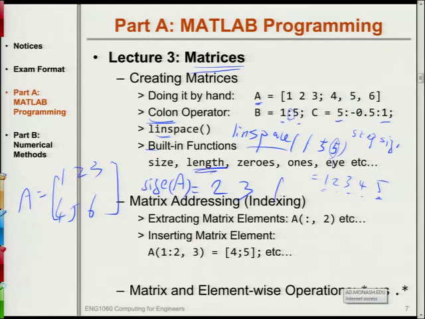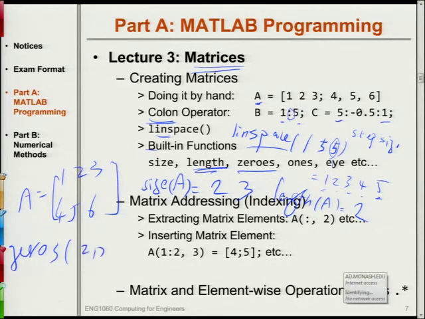If you use length, whichever is larger of 2 and 3... it gives you 3; that is what length gives you. Then zeros, for example zeros of 2, 2, creates a 2 by 2 matrix with all elements 0. Ones also creates a 2 by 2 matrix with all elements 1.